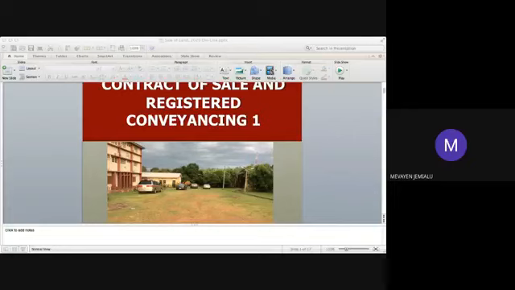5. Gift inter vivos. By gift inter vivos, the owner of land transfers his interest as a gift. He gifts it to another who is the object of his love or bounty or for whatever reason.